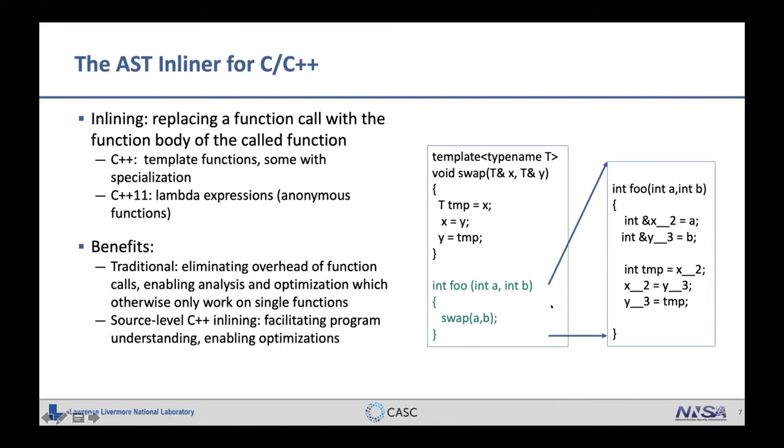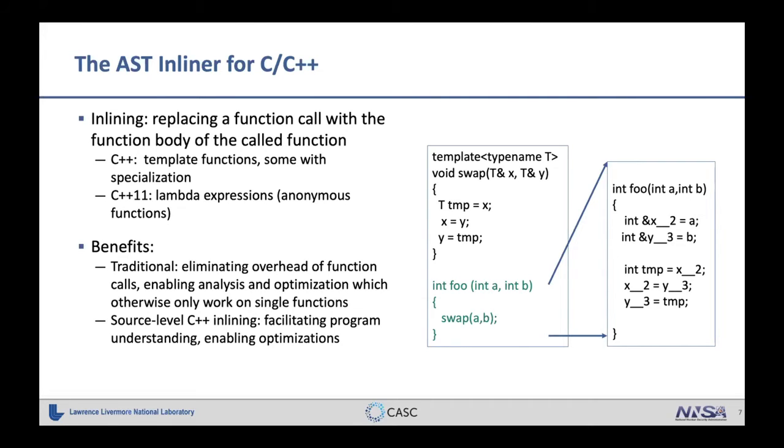The inliner and the compilers can inline this function call, replacing it with the function body. So in the end, you have a big chunk of straight line code without the overhead of function calls. Many tools and compilers can work better without several layers of function calls. So it's a very fundamental optimization.